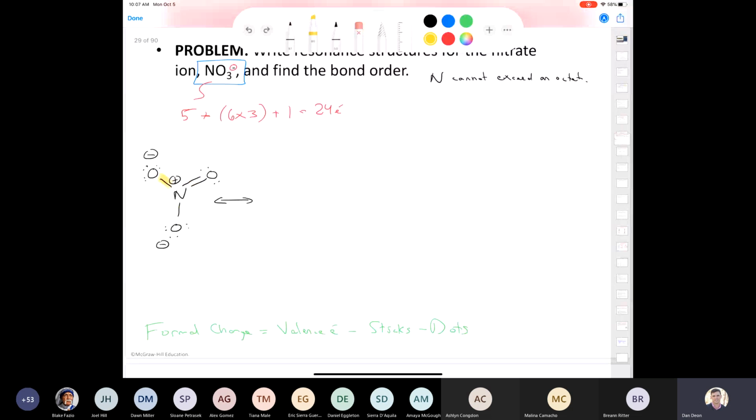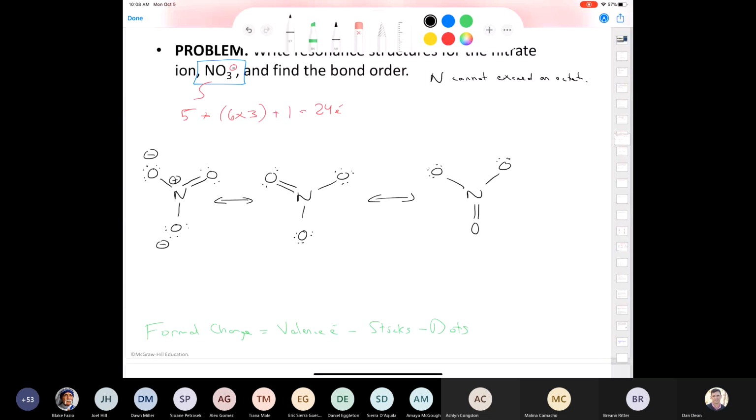And so that double bond could be on this oxygen I have highlighted in yellow, or it could be on this oxygen that I have highlighted in green. So let's draw the other resonance structures. We're going to start by drawing our single bonds to oxygen like this. Remember, the double bond could be here or it could be here. Then we're just going to fill in the valence electrons like this.